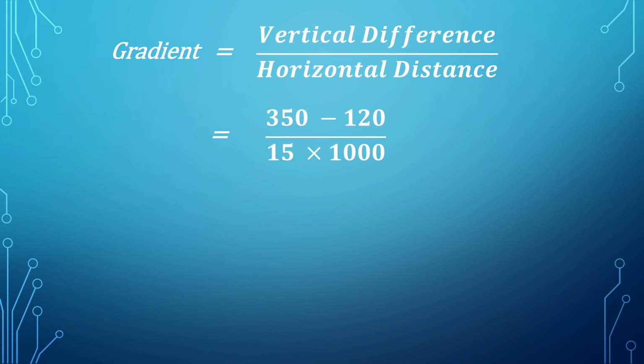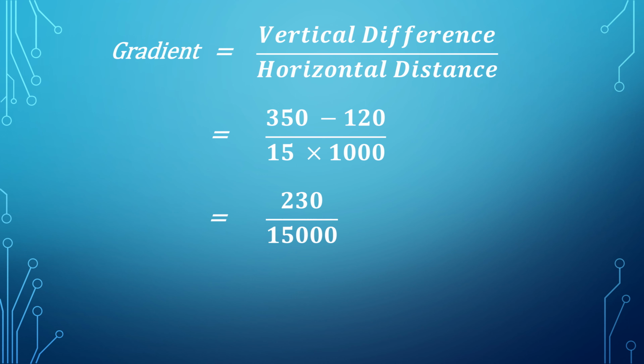And this is going to be all over 15 times 1,000 because we're now going to convert our 15 kilometers into meters. So 120 from 350 will be equal to 230. And 15 multiplied by 1,000 will be giving us 15,000. All right.